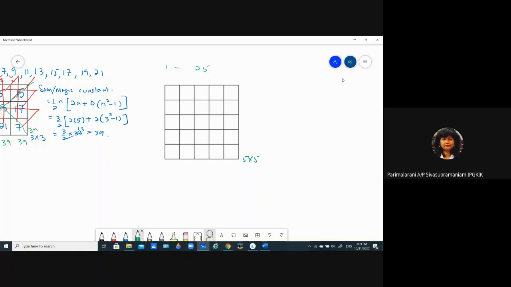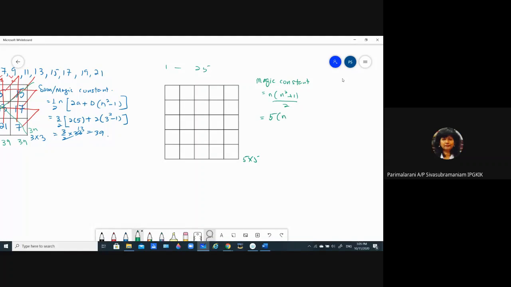Okay, let's calculate the magic constant first. What is the magic constant here? Because I'm starting with 1, I can use this formula, right? So my n here now is 5.